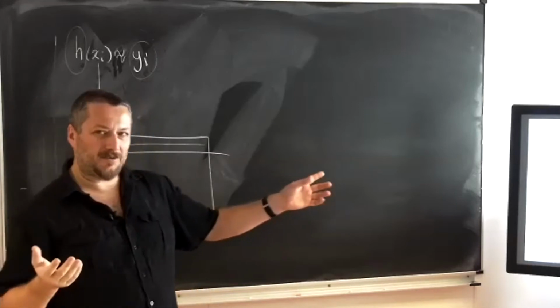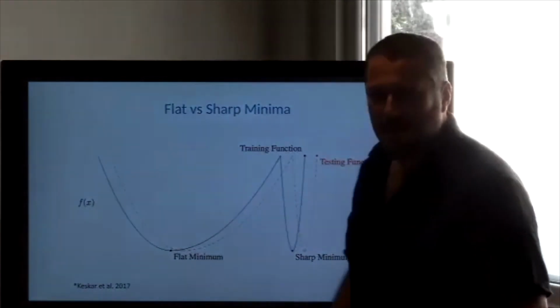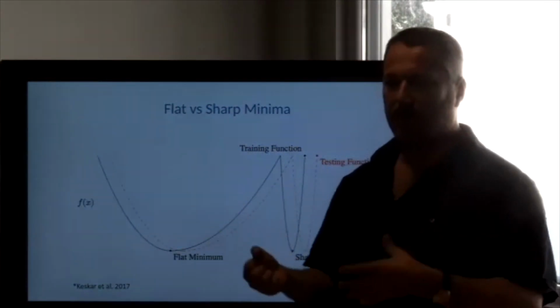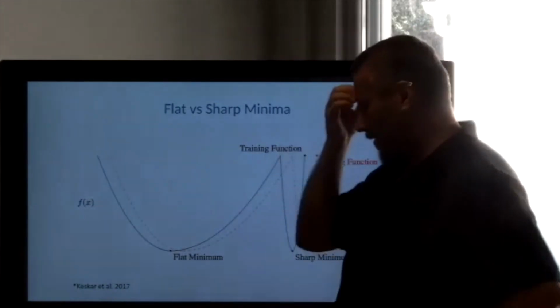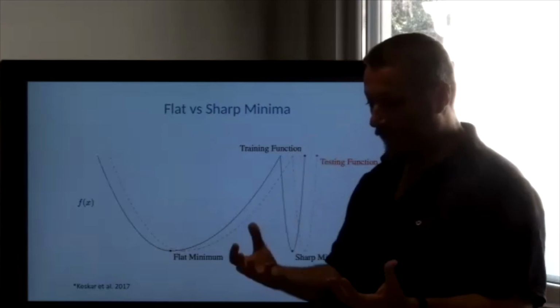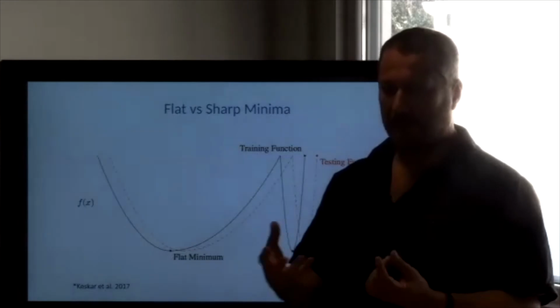And this paper gives you a good intuition on that. So here, as I said, you have data points, you divide them into two, training and then testing. And so you have two functions, but they come from the same distribution. So those points look alike.